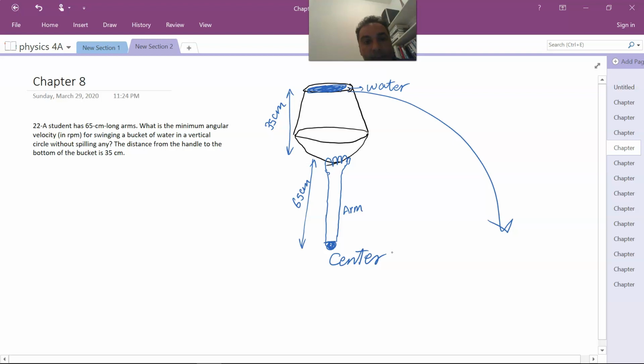The question says, what is the minimum angular velocity? So omega minimum must be how much for this water to stick at the end of the bucket, not fall, not spill out? What can I do?